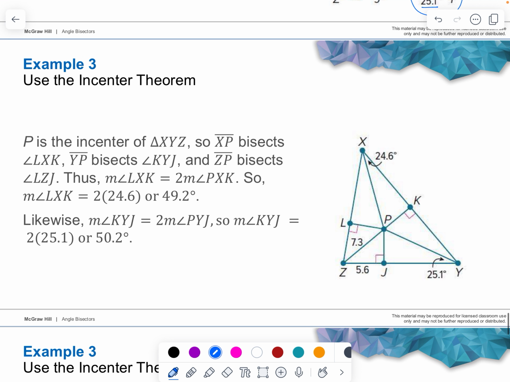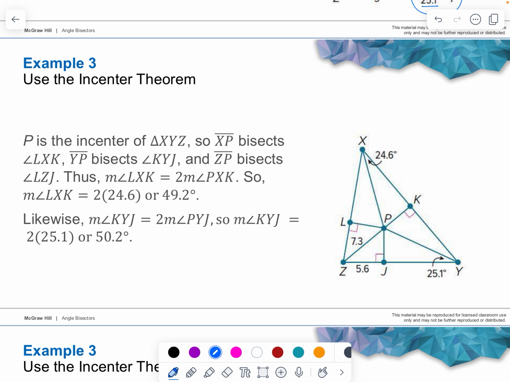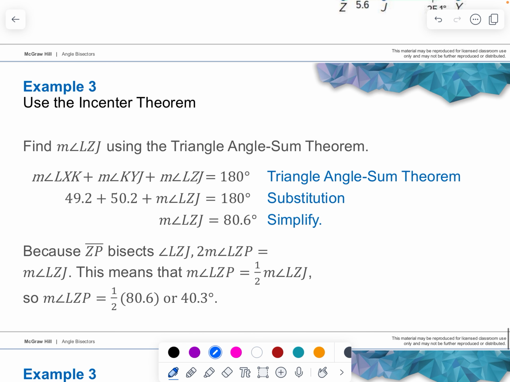All right, so that's what they're going to walk us through, just like that. The first part was walking us through the 49.2 and the 50.2. And now there's the math they did, the 49.2 and the 50.2 added together. And that gets us to 80.6.